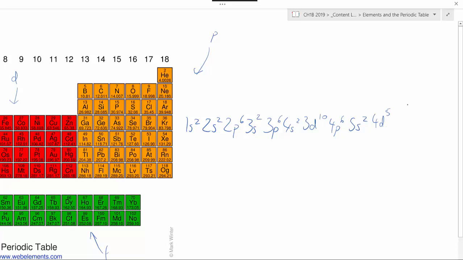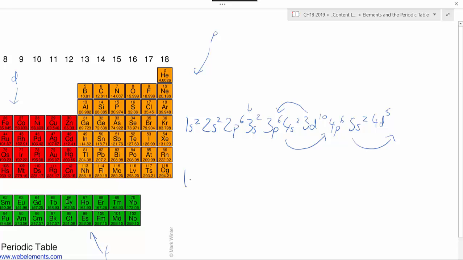Now this is just about finished as an electron subshell configuration, but it looks a little bit messy. So what we would normally do is rearrange these so that the coefficients, the numbers in front, are in numerical order. So we're actually grouping these into shells. Our 4s subshell will move there, and our 3d will move there, and then our 5s will move to the end.